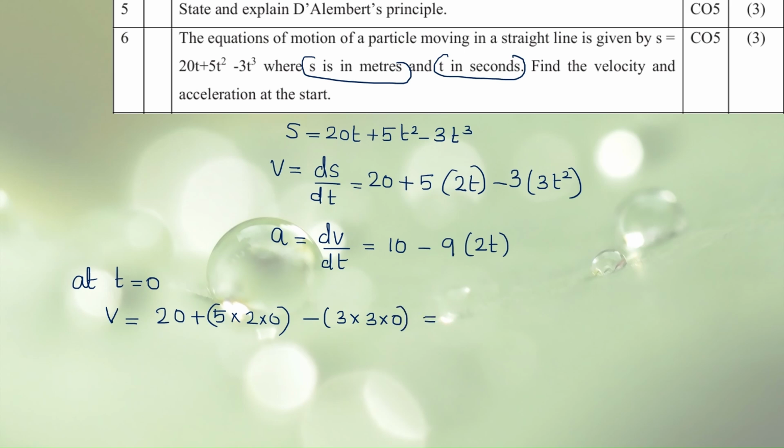So the velocity is 20 meter per second. And next is acceleration. Acceleration is equal to 10 minus 9 into 2 into 0. At start, acceleration is equal to 10 meter per second square.